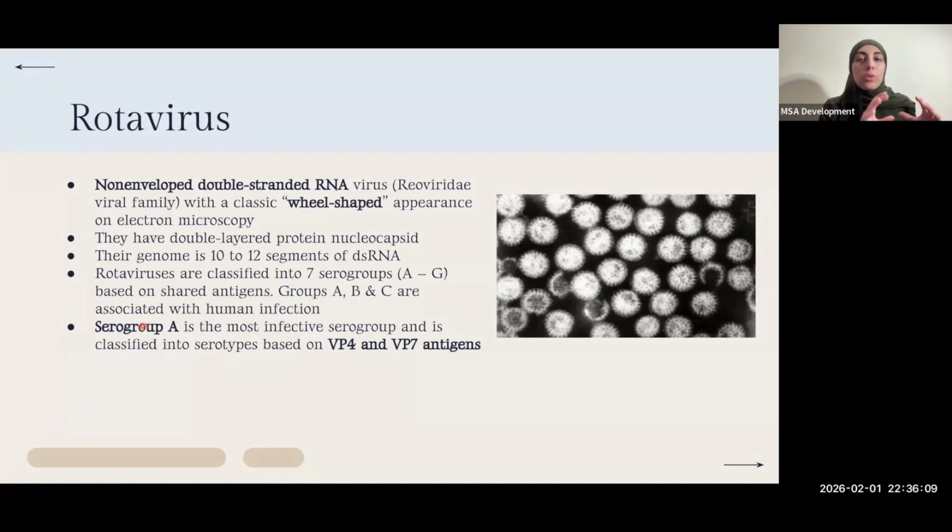The most important serogroup is A. This A we divide into more serotypes, okay? So serogroup A is divided into serotypes based on specific antigens that it has, which are VP4 and VP7 antigens. Okay, so just remember the most virulent group of rotaviruses is serogroup A.